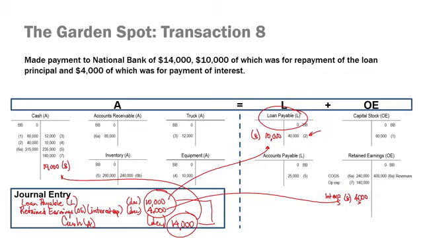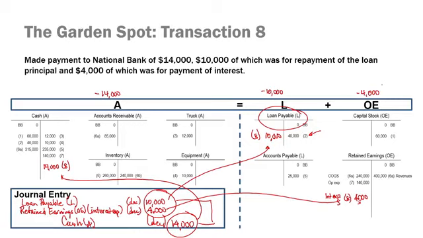Do assets still equal liabilities plus owner's equity? Well, let's check. Cash goes down by $14,000. The balance in the loan payable account goes down by $10,000. So liabilities are reduced. And retained earnings is reduced by the $4,000 interest expense. So that's a reduction to owner's equity.